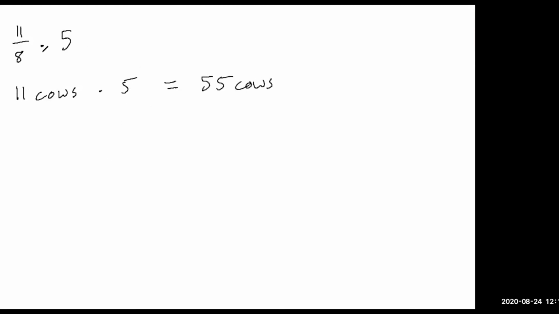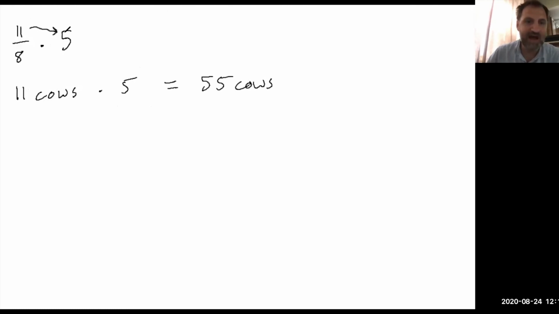So in other words, I just need to multiply the top by the 5. The bottom doesn't change. Now, mathematically, what I would say is this. When you multiply, first of all, make sure both things are fractions. And second of all, just go straight across. Multiplication is exactly the way you would want things to work. You just multiply straight across.